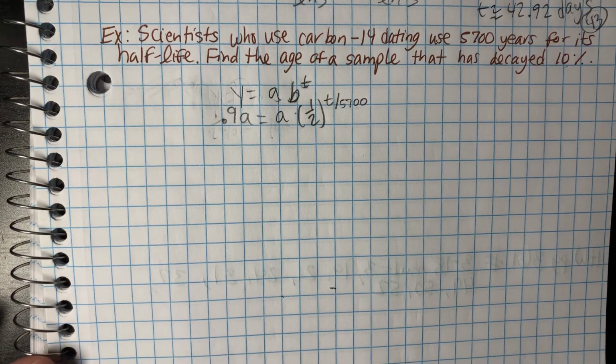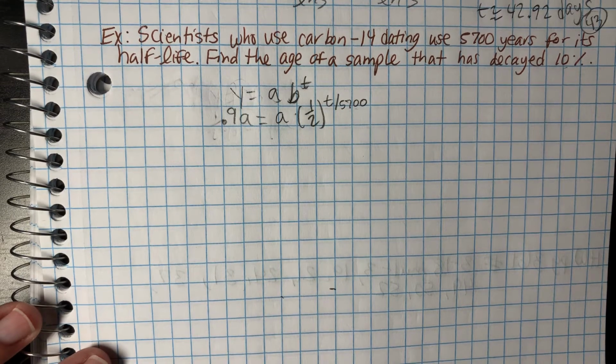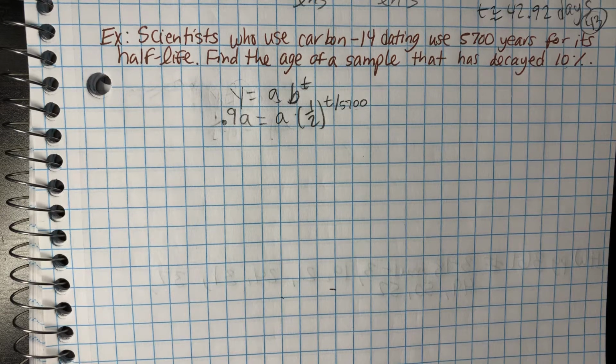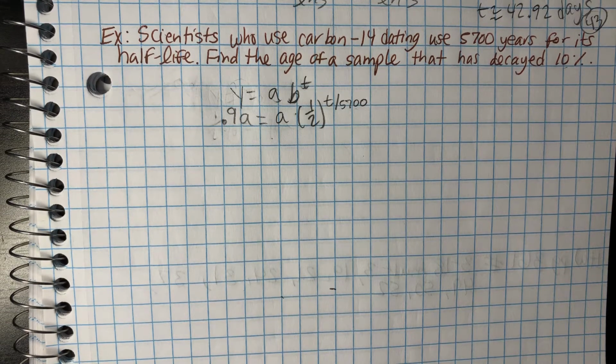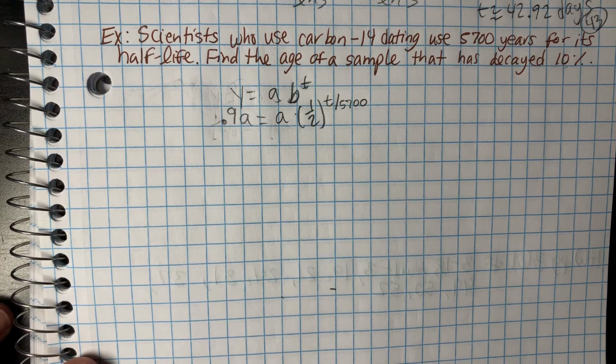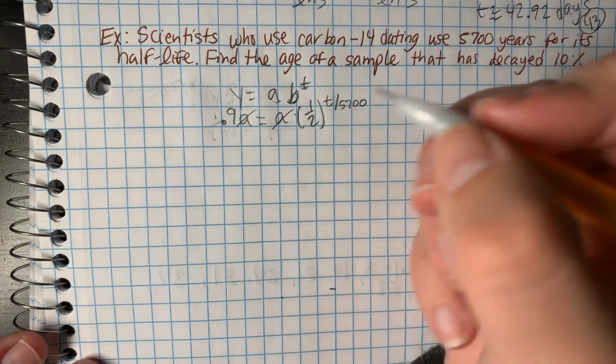Okay. So now we need to solve for this equation to find what the value of t is going to be. So what we're going to have is our A's are going to go away.